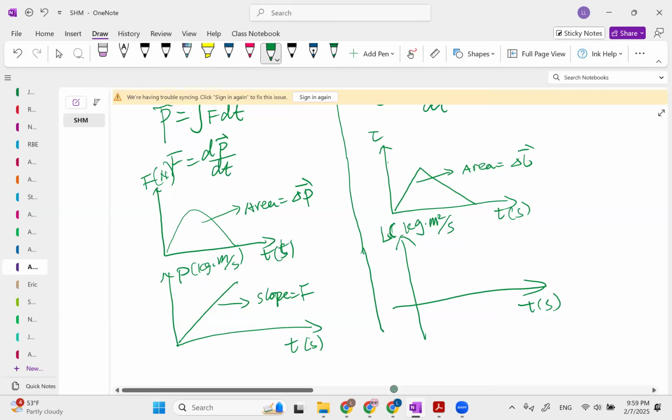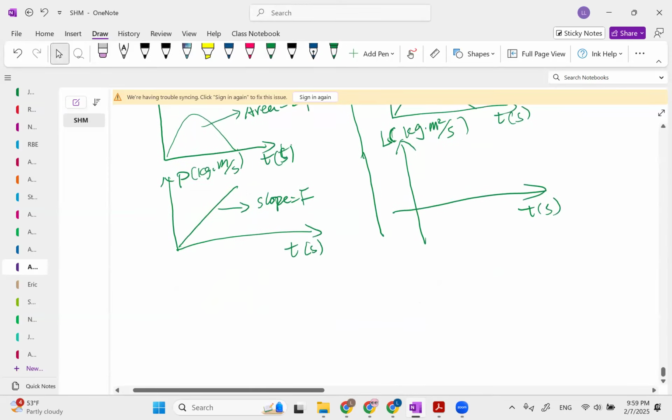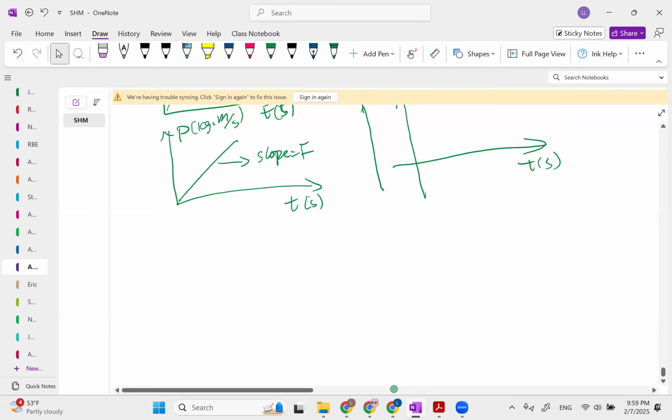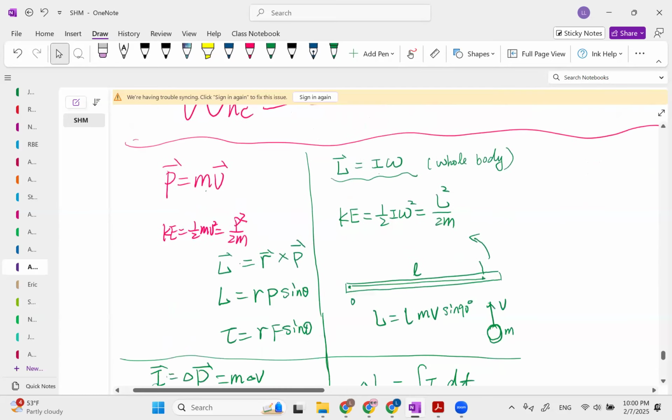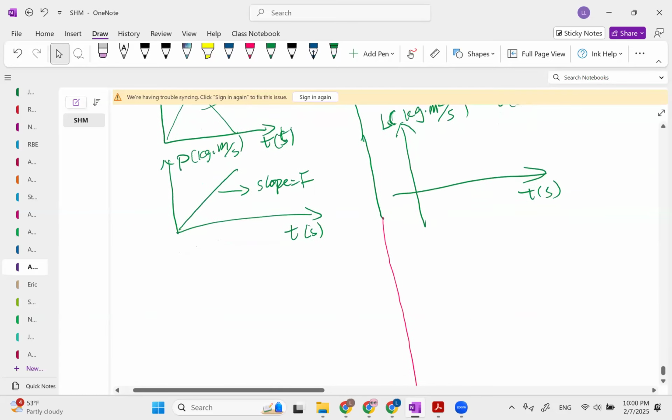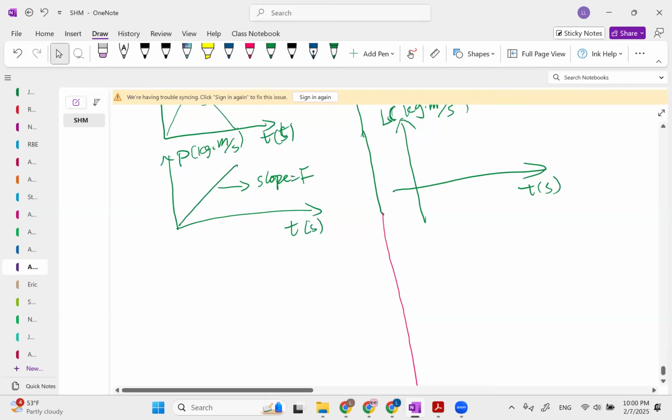That is impulse, right? And then what else do we need to know for momentum? Remember, momentum has a section on collisions, right?